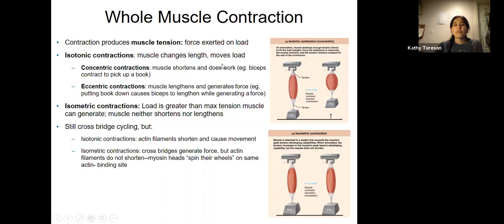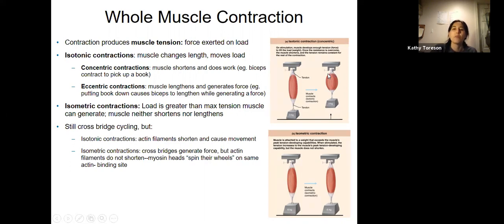And again, the difference is whether or not the muscle is changing length and whether or not it's able to actually move the load. The load we can think of as a weight, as pictured here in this figure from your book. This muscle is generating tension. If the muscle is strong enough and generates enough tension, it can move the load.